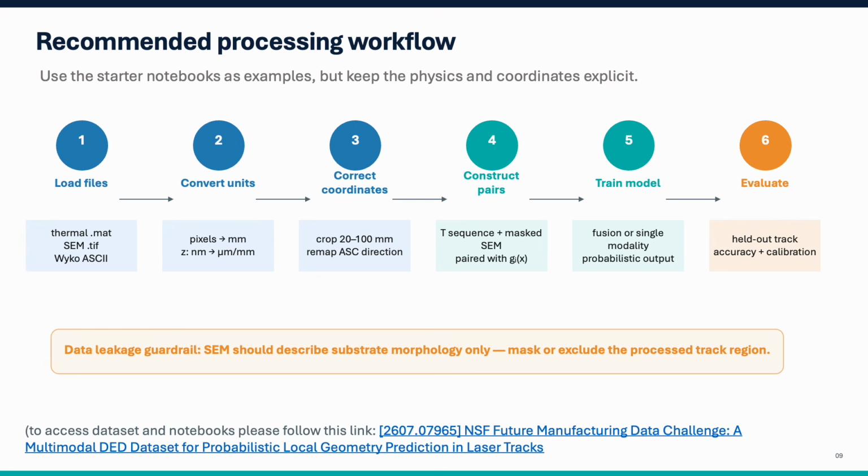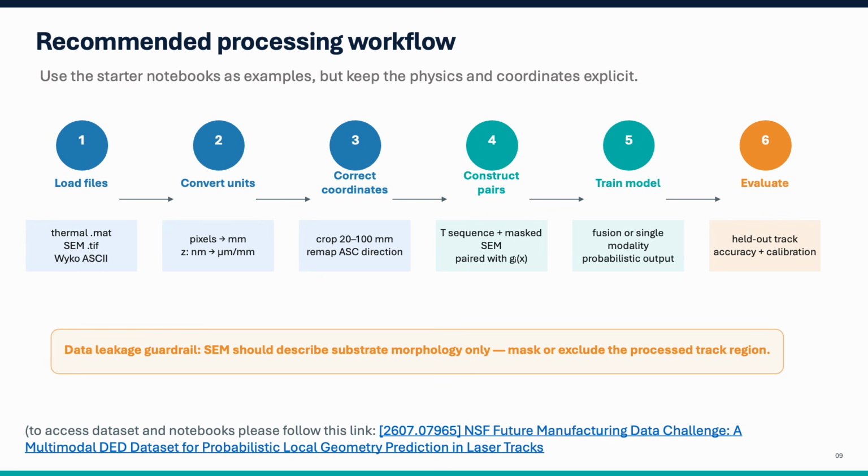Fourth, construct aligned training pairs by associating each thermal sequence and masked SEM morphology with the geometry target at the x-coordinate. Fifth, train either a single modality or a multi-modal probabilistic model. Finally, evaluate the model on a held-out track using both prediction accuracy and uncertainty quality. Throughout this workflow, preventing SEM target leakage is essential.